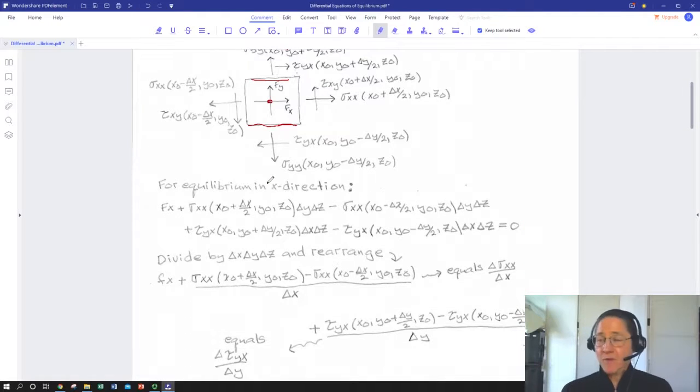So I would just set this in static equilibrium, remembering that we have these body forces acting on the element, as well as the net forces due to the shear and normal stresses acting on the faces. If we tally everything up in the x direction, we of course have the capital Fx, which is our little body force per unit volume times our delta v, our delta x, delta y, delta z.